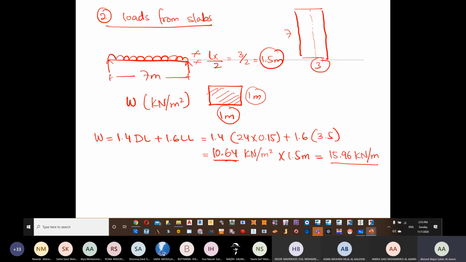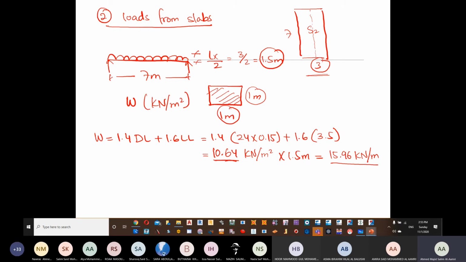Now this is for how many slabs? We have done the analysis for how many slabs? Let's say that this is slab number 2. Whatever calculation we have done right now is for how many slabs? If you concentrated, we have only taken one slab.